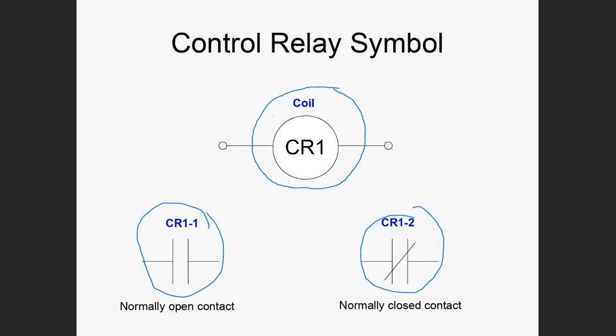As I said before, the relay back in the old days was used for AND, OR, NOT logic. Now it's been replaced by solid-state devices, transistors, logic gates, that kind of stuff.